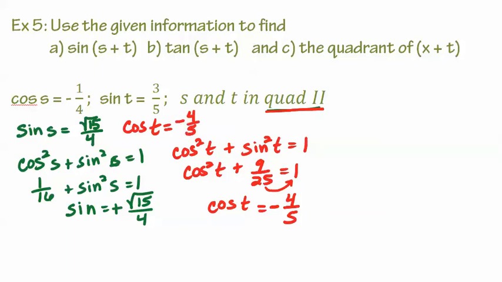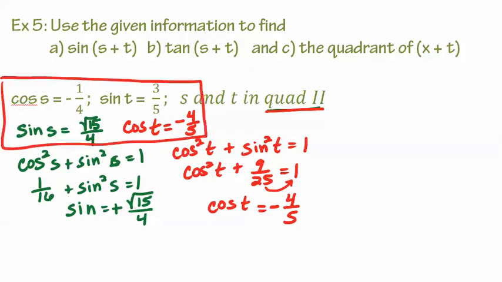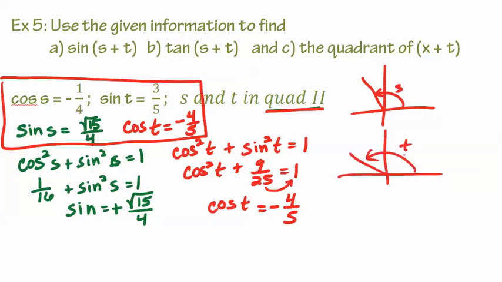So now we've got the 4 values that we need to find the sine of the 2 angles put together. So remember what we're doing now. We know that angle S is some angle in quadrant 2, and we know that angle T is some angle in quadrant 2.